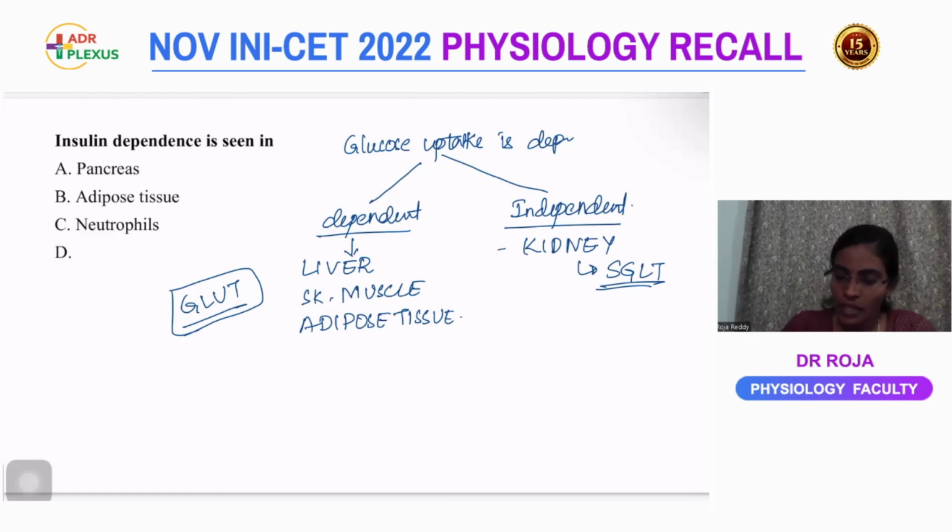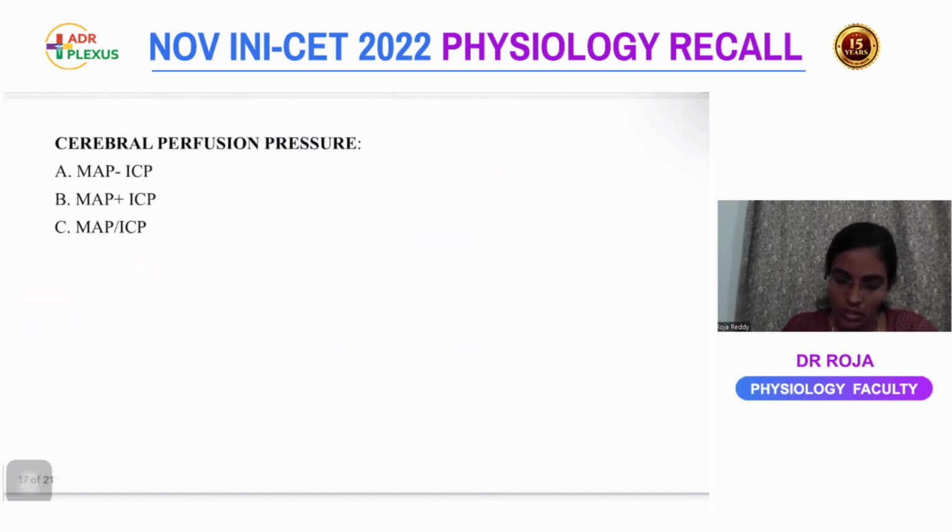So kidney is one structure, and then there is RBC, GIT, brain. All these structures are insulin independent. So these are the various structures, and the answer is insulin dependence is seen in adipose tissue. Okay. Yes, let us move on to the next question.